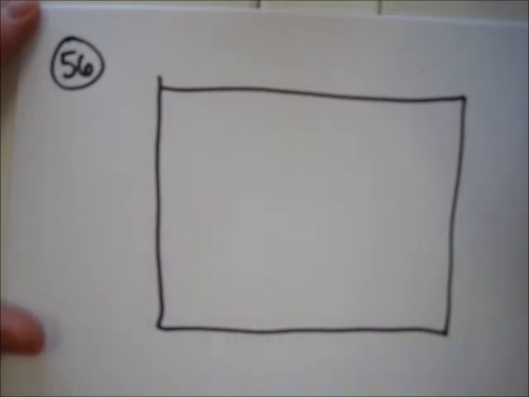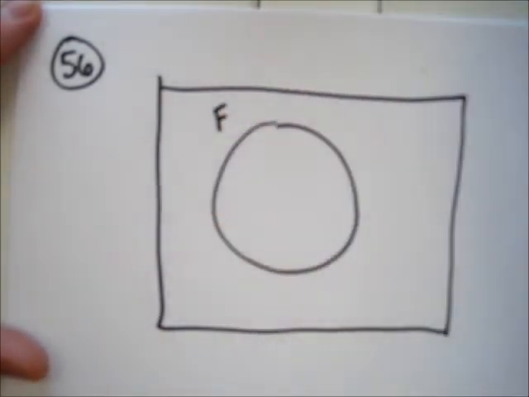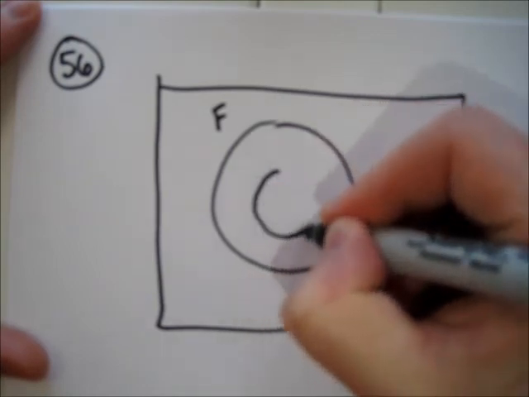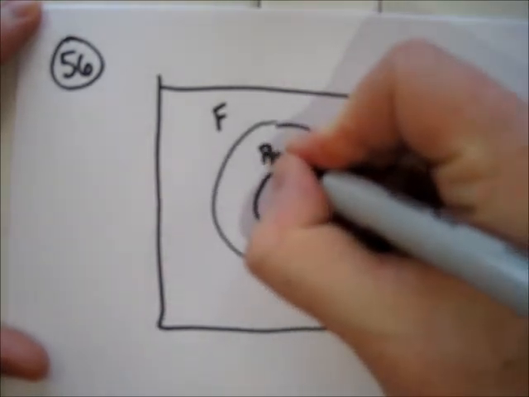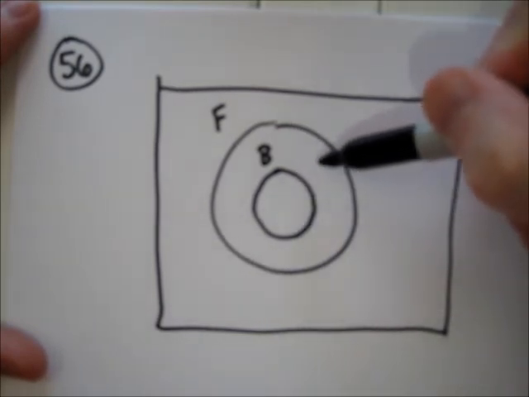The first premise gives us two sets of items. You have the set of all bears and you have the set of all furry things, and you're told that all bears are furry. So if this represents the furry things in the world and this represents the bears, we know that every single one of the bears has to be furry according to that first premise.